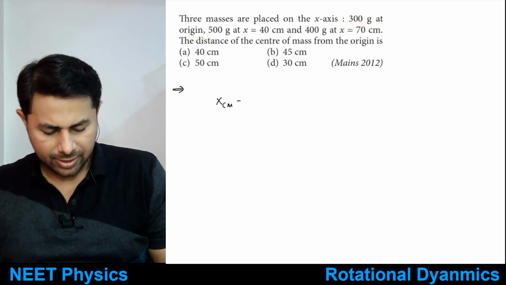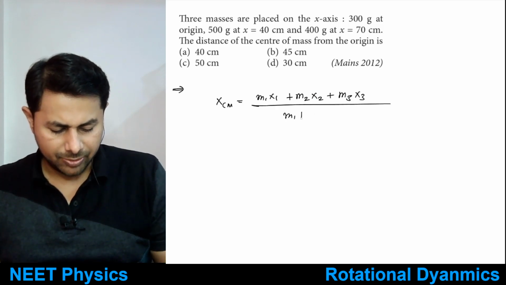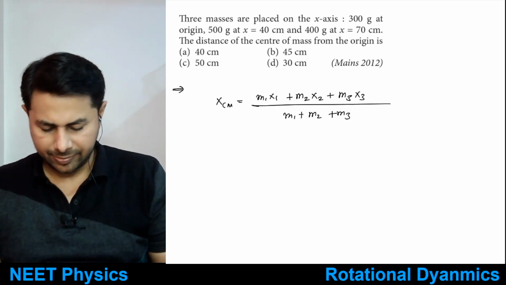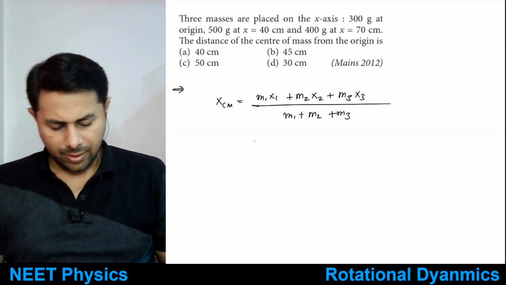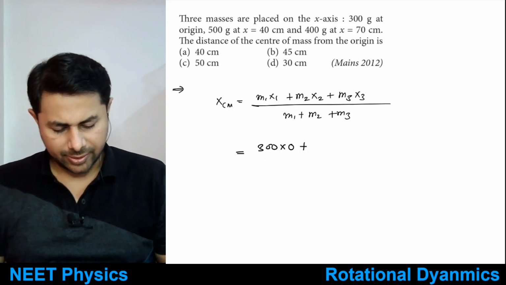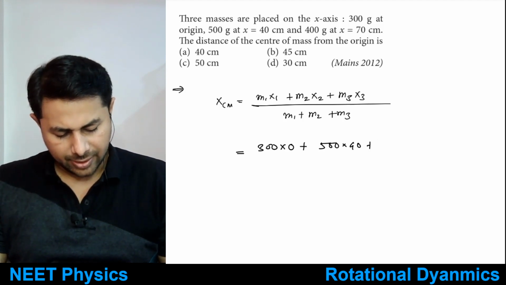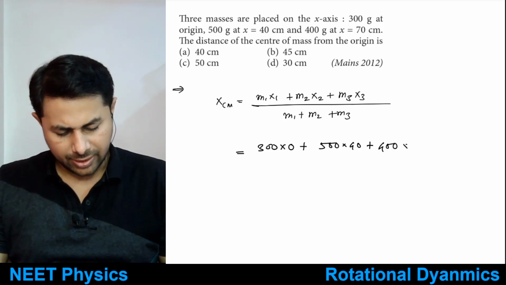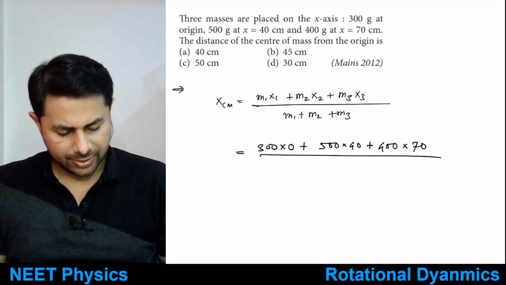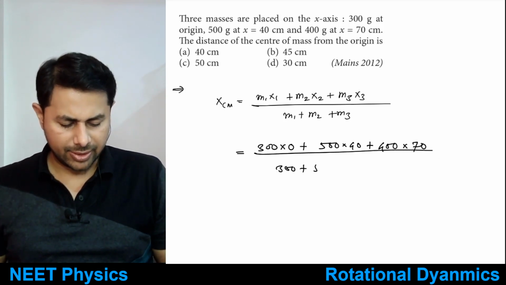So XCM is just equal to M1 x1 plus M2 x2 plus M3 x3 divided by M1 plus M2 plus M3, and this is 300 gram. 300 times 0 plus second one is 500 gram, 500 times 40 plus third one is 400 gram, 400 times 70. Okay, so that is 300 plus 500 plus 400 in the denominator, and you just have to solve that.